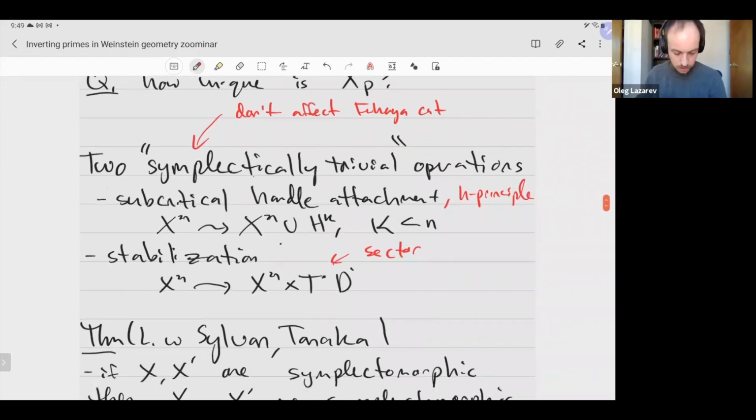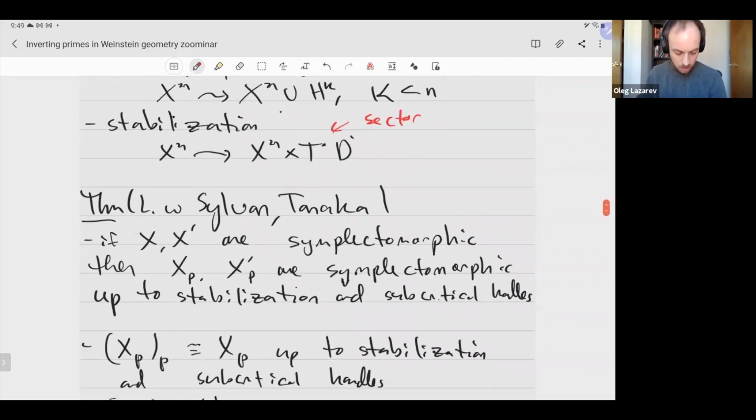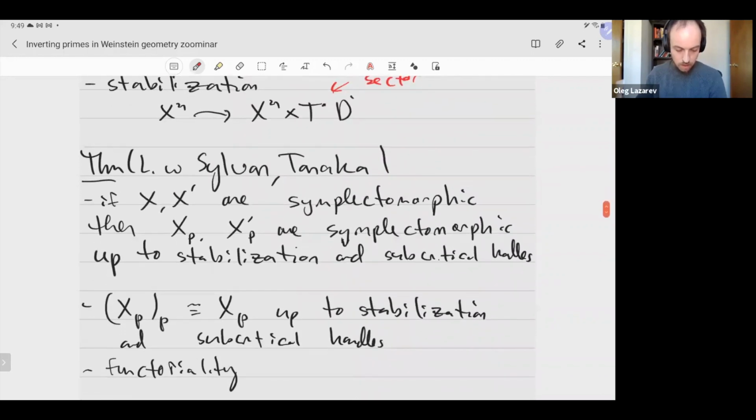So it makes sense to consider Weinstein domains up to these two sets of moves. Let me mention a result with Zach Sullivan and Hiroshi Tanaka, which is the following. Suppose you start with X and X prime, which are symplectomorphic, then we prove that XP and X prime P are symplectomorphic up to stabilization and subcritical handles.